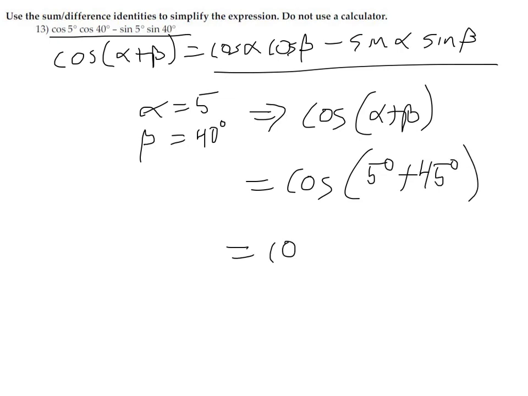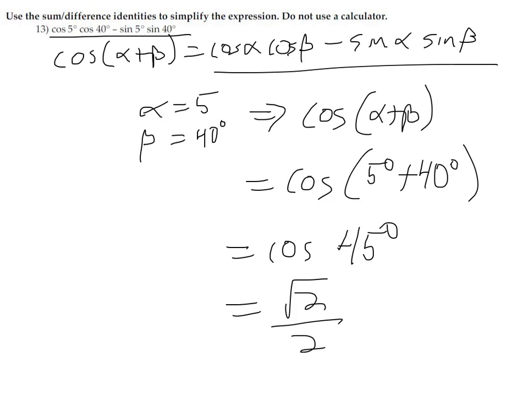Oh, I was wrong, I'm ahead of myself. 5 degrees plus 40 degrees. Again, back to the problem, we have 5 and 40. So 5 plus 40 is cosine of 45 degrees, which is square root 2 over 2. That completes this problem. Next.